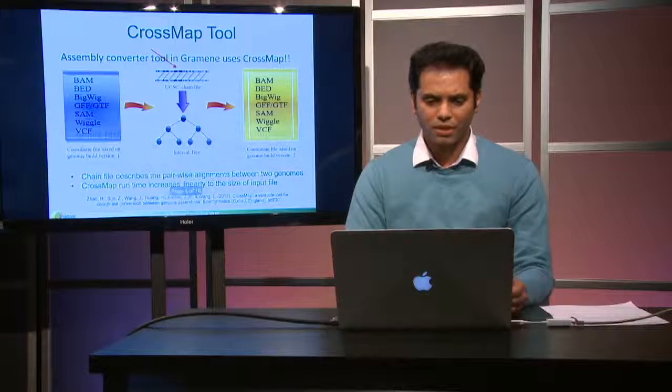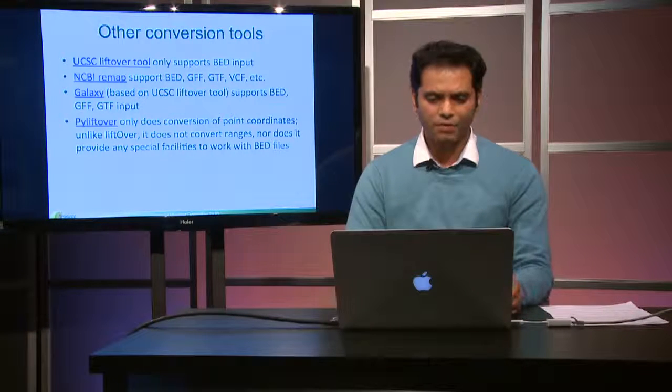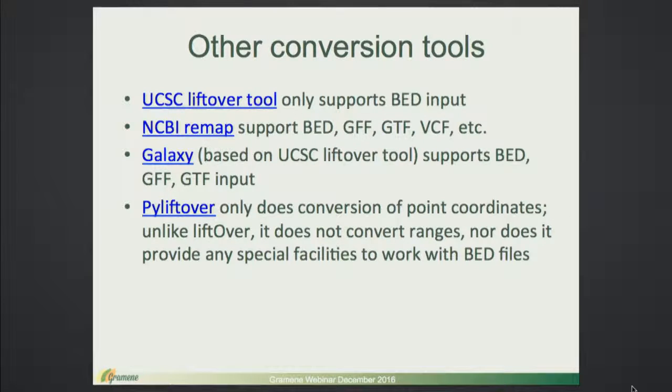CrossMap is just one of the tools. There are many other conversion tools, each with its pros and cons. We have the UCSC liftover tool that supports only BED as an input. Then you have the NCBI Remap, which has many other formats that you can use as an input.